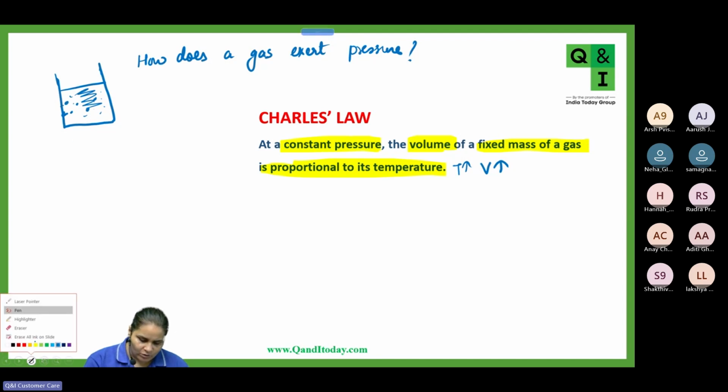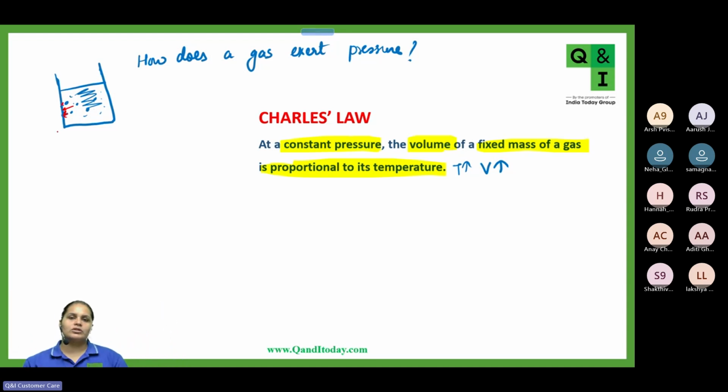They will be hitting the walls of the container. Now, when they hit the container, what happens? They apply force on the wall. So the force applied by the molecules per unit area, that is called pressure. From there, the pressure arises. Am I clear? Am I clear, Rudra?